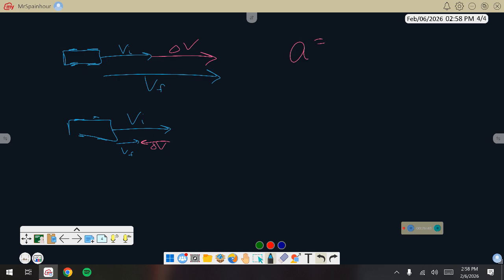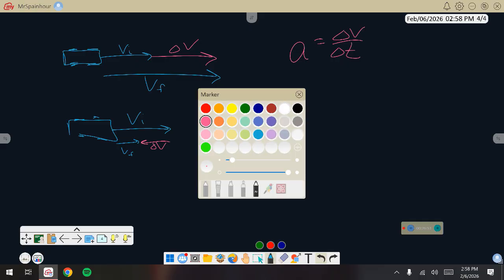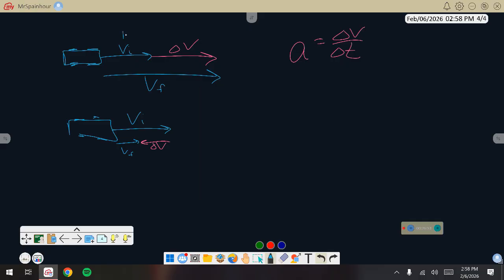Change in velocity over change in time. So it is basically this vector here divided by how much time it takes. Yes? So if you started, say, for example, at 11 meters a second, and you ended at 20 meters a second, what's your change in velocity? You would get 9 meters per second.